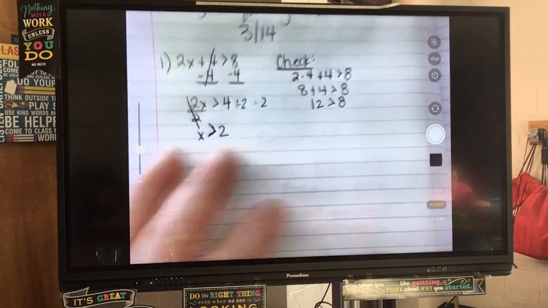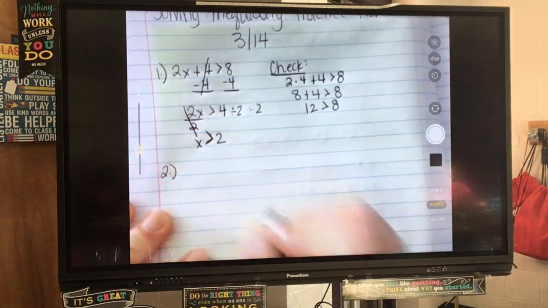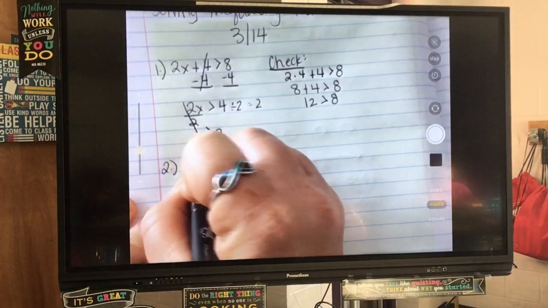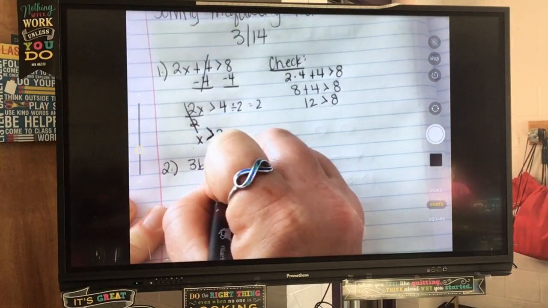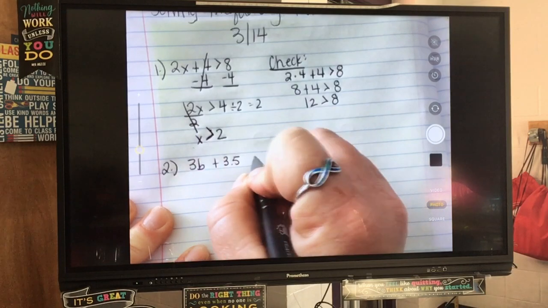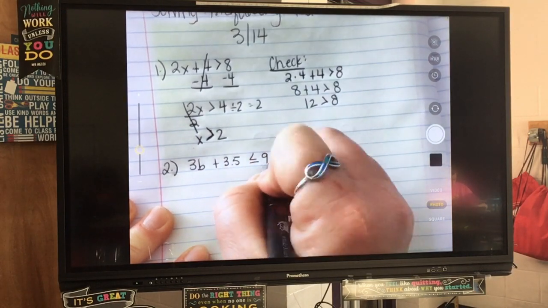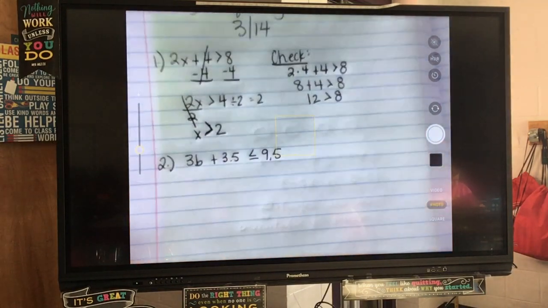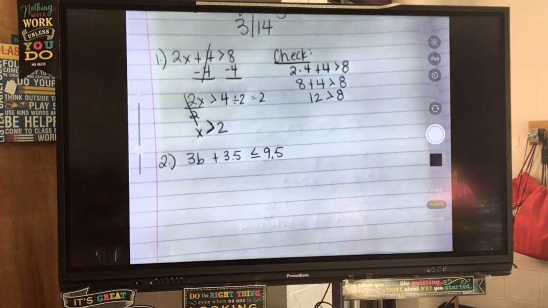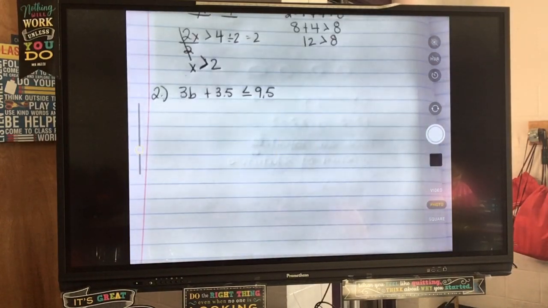All right, so let's look at the next one. It's going to be 3b plus 3 1/2 is less than or equal to 9 1/2. All right, so walk me through how I solve this problem. Faith, how are we going to solve this problem?